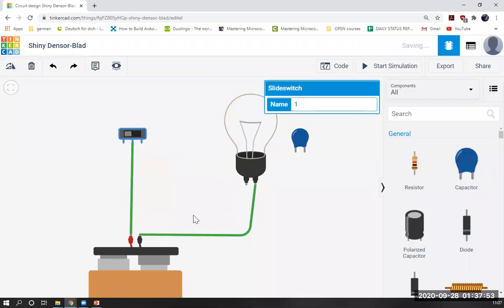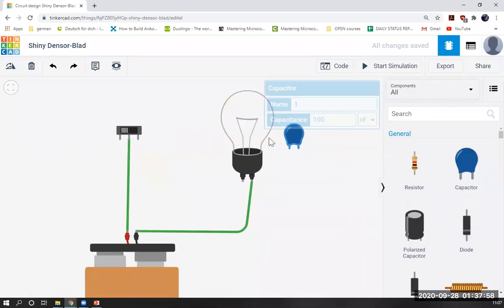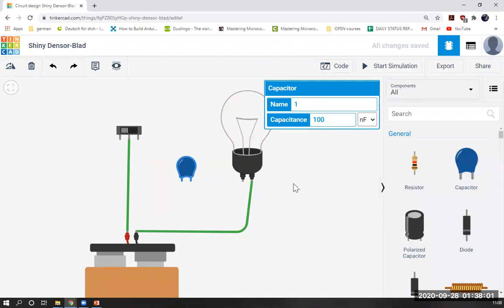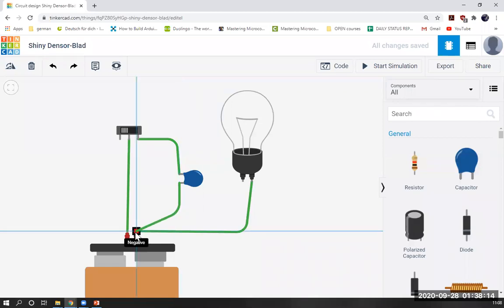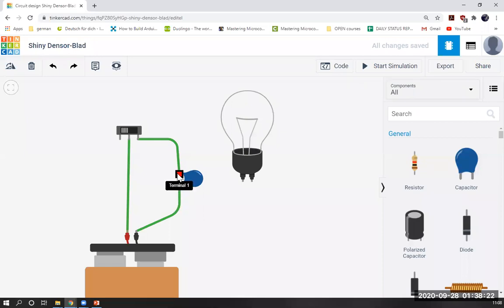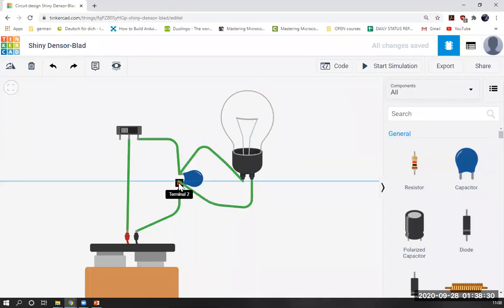So now what I want to do is connect this capacitor in the across fashion, like this. This side I'm connecting here, and this side I'm connecting here.